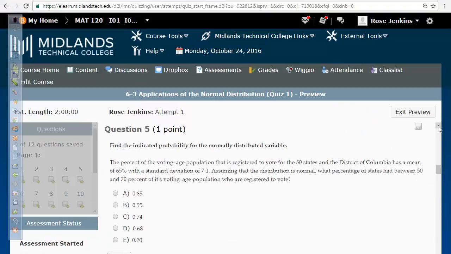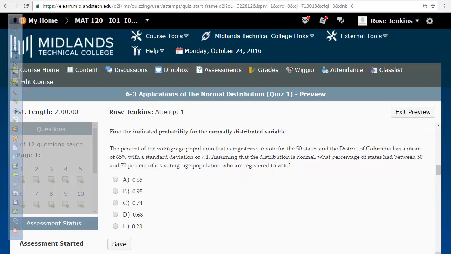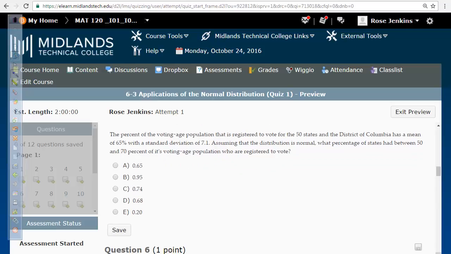Okay, let's take a look at this example, question 5. It says the percent of the voting age population that is registered to vote for the 50 states and the District of Columbia has a mean of 65% with a standard deviation of 7.1. Assuming that the distribution is normal, what percentage of states had between 50 and 70% of its voting age population who are registered to vote?